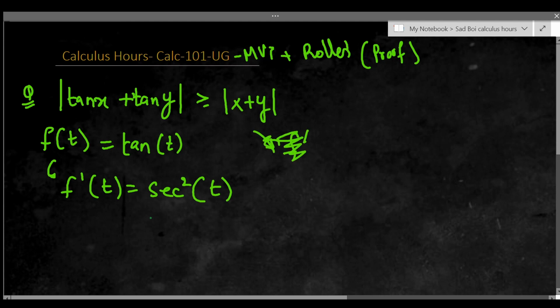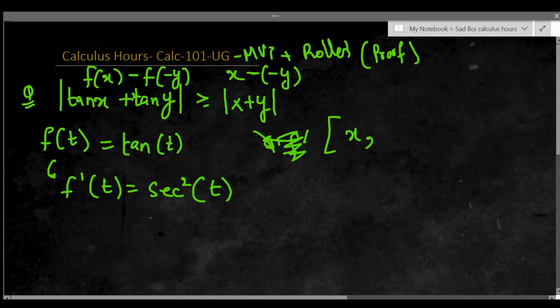Now let's first look at what this question looks like. So basically it looks like something of the form f of x minus f of minus y over x minus minus y. So it's basically something that lies inside the domain negative x comma y.